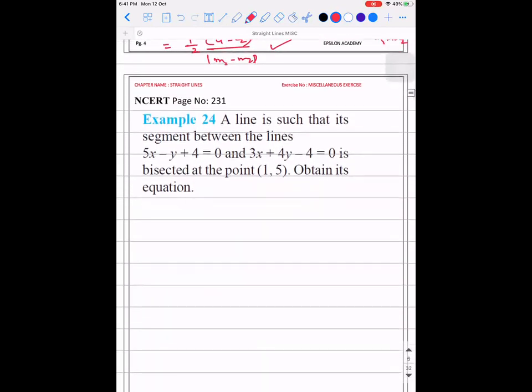See, I'm repeating, this exercise will be tough till you have practiced the remaining exercises, because this demands a lot of application skills.